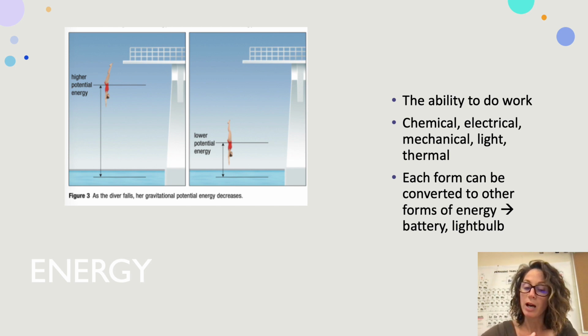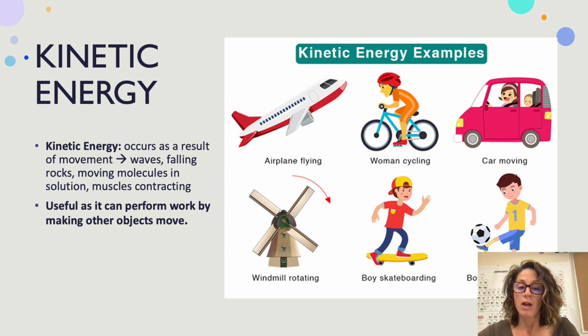For example, we have a battery, which uses an electrochemical gradient to give energy to different things like light bulbs. Then we have two types of energy that are really important, and you probably remember these from elementary school or physics class. There's kinetic energy, which occurs as a result of movement.